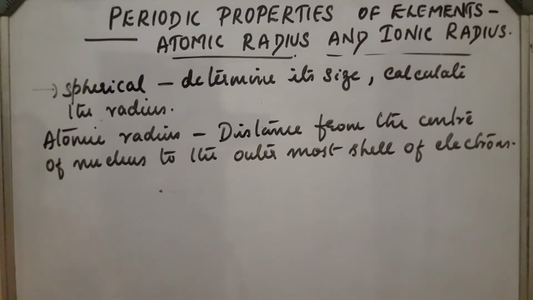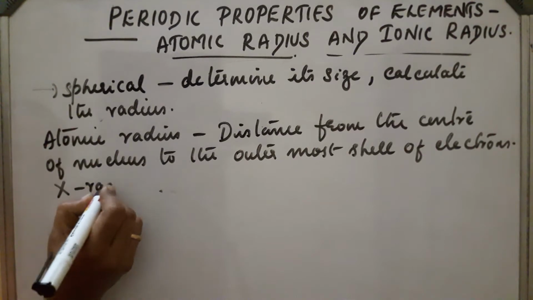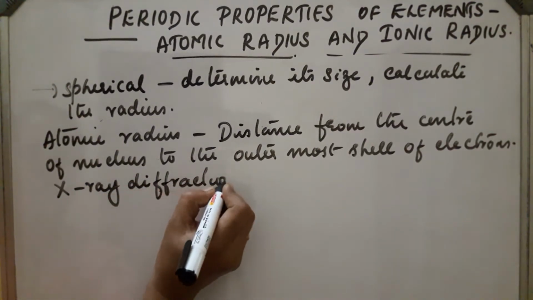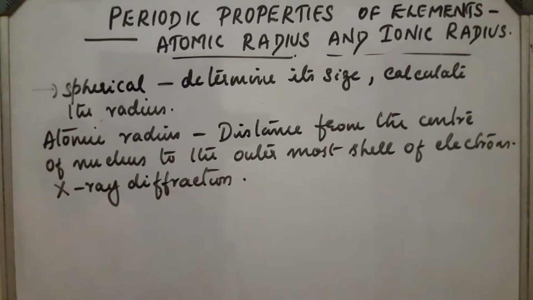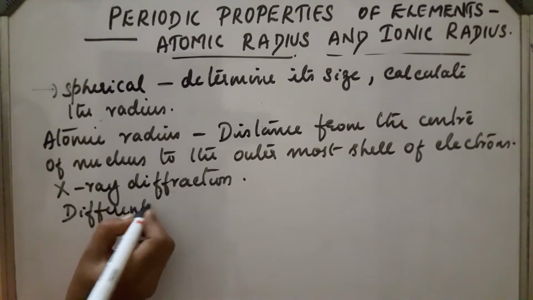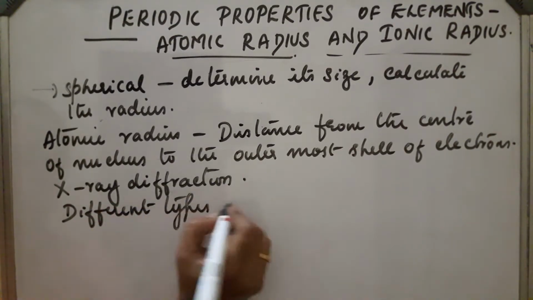Atomic radius can be calculated by different methods like the X-ray diffraction method and spectroscopic methods. Approximate atomic radius can be calculated using these methods. Next, atomic size can be expressed in different types of radii.